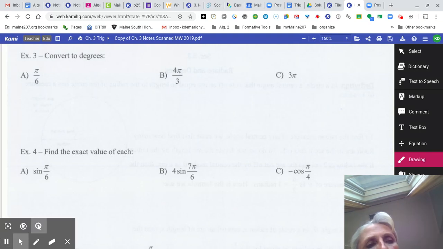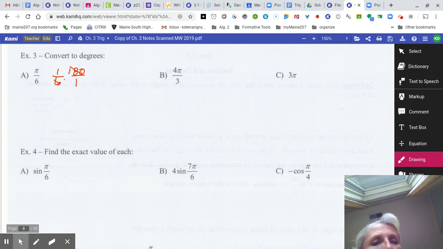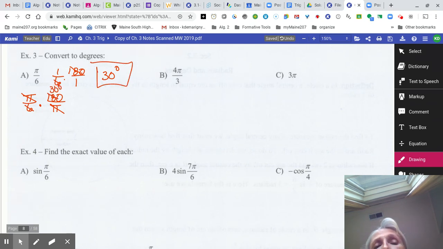So if I do 1/6 of 180 degrees, it means that I've gone 30 degrees. If you want to see just how we actually crank it out, it's pi over 6 times 180 over pi. So if I want to get rid of the radian, I have to make sure that my pi cancels out. And this is where this turns to 30 degrees. So pi over 6 is 30 degrees.